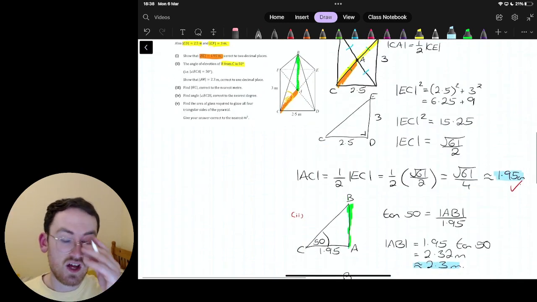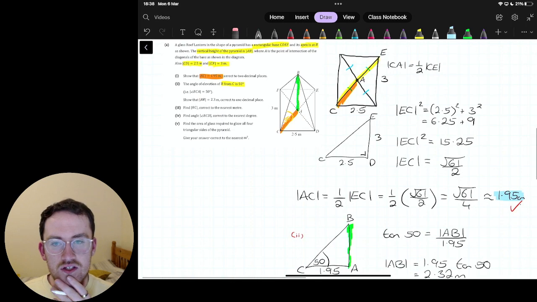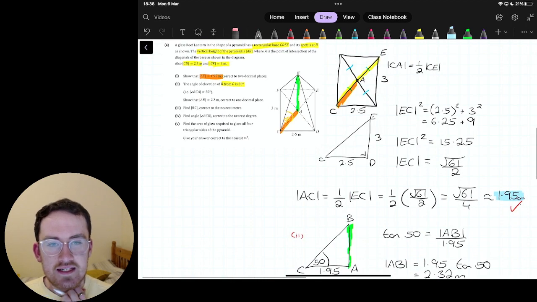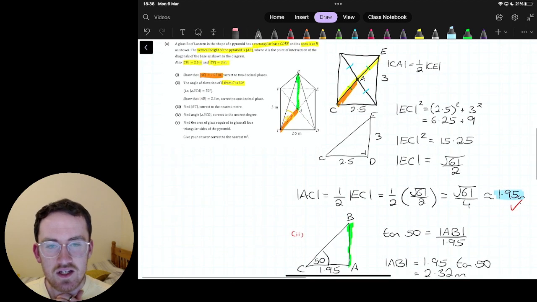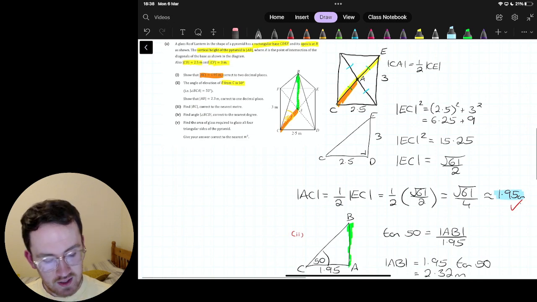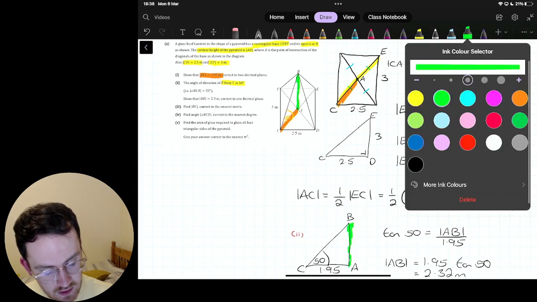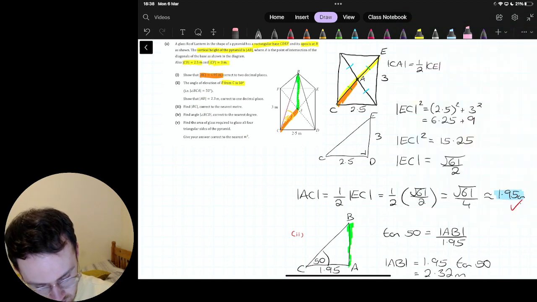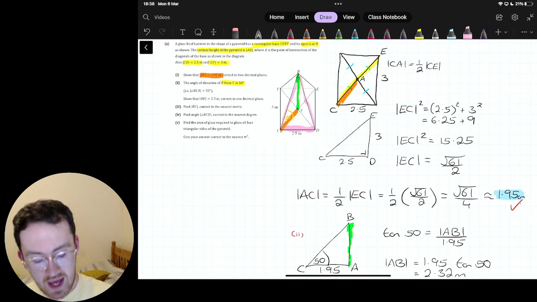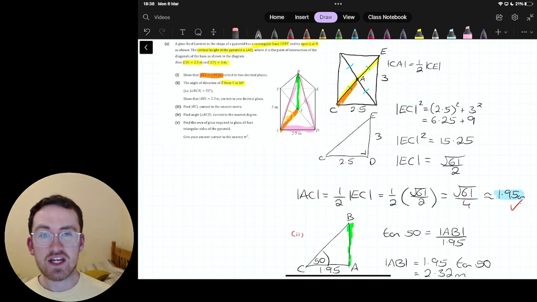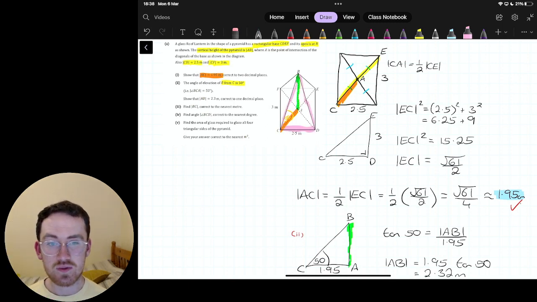The next part then asks us to find the angle BCD correct to the nearest degree. So let's construct that triangle. We can see it here as this one here. And we do have a lot of the information relating to this one.